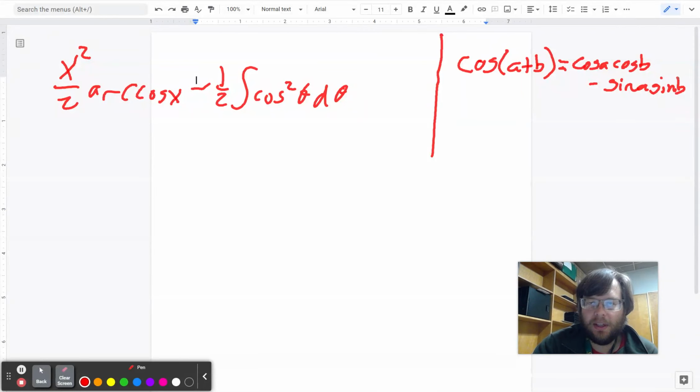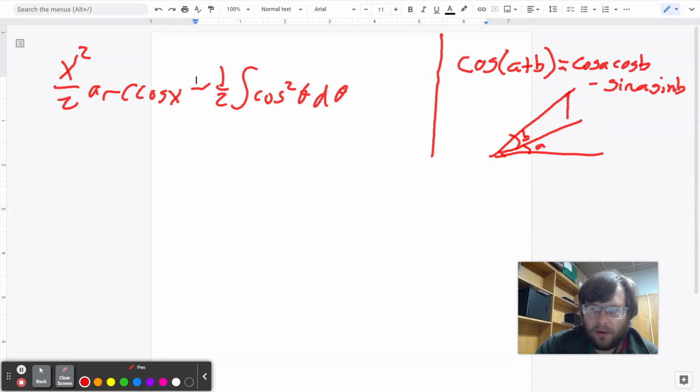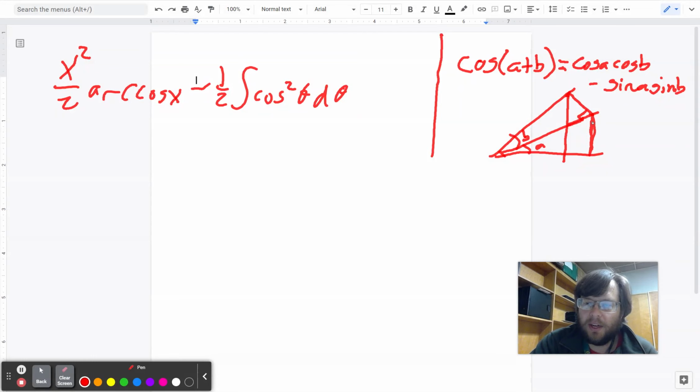But basically, the idea was you drew your angles, angle A, angle B, and then you had your right triangle like this, and you built another right triangle right here. And if you go through the process of writing out all your cosines and sines, you'll end up with that.